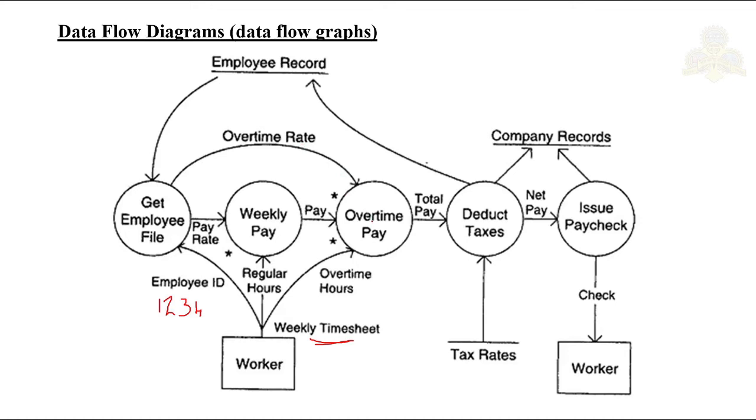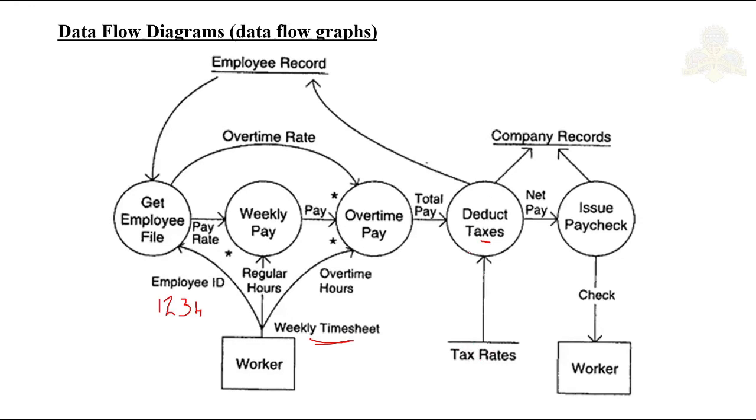Once we get the actual pay plus the overtime pay, that would be our total pay. Once we have the total pay, the next process is deduct taxes. From this actual pay, we apply some tax rates. Again, the tax rates are an external file, so we deduct the taxes.